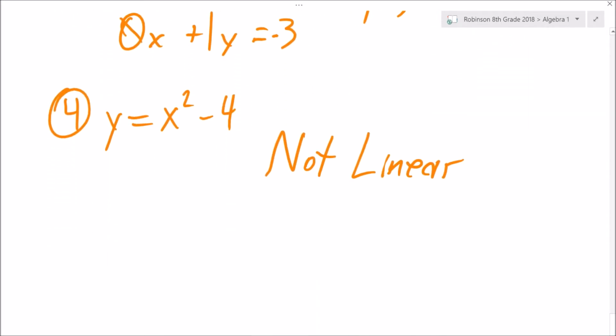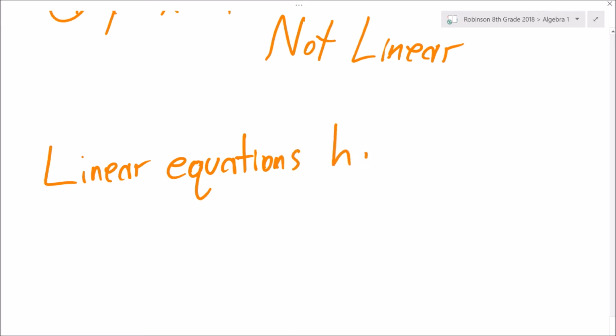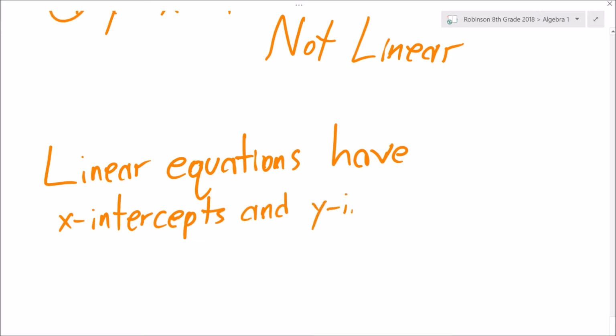Okay, next bit of notes. Linear equations have x-intercepts and y-intercepts.